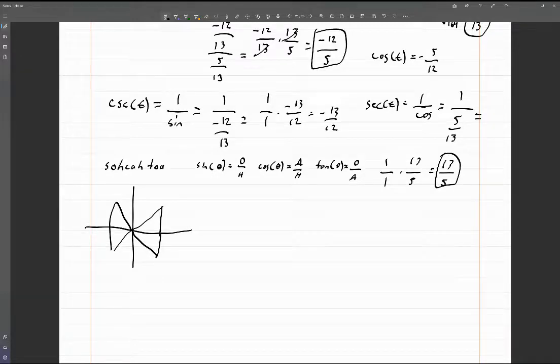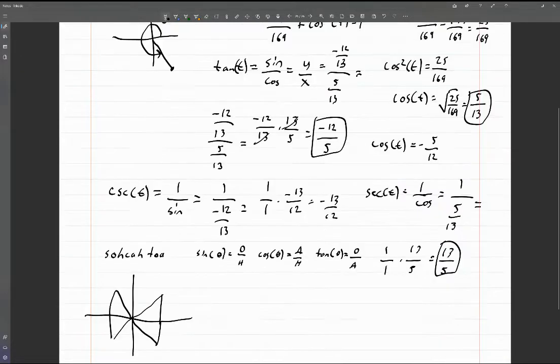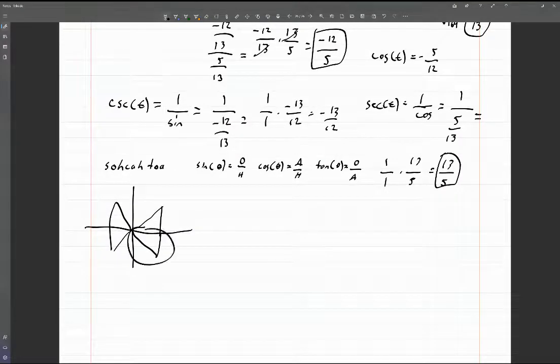For example, we were just told that we have something that ends in quadrant 4, so we'd be looking at this guy. So here's our angle, theta or t, whatever you want to call it, and the side of a right triangle not touching the right angle is the hypotenuse.